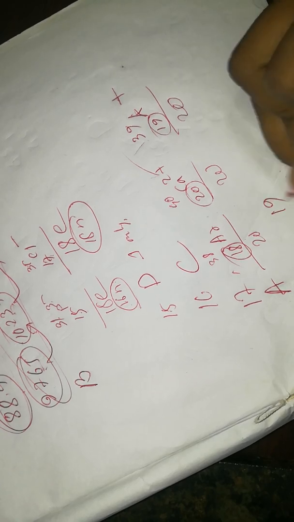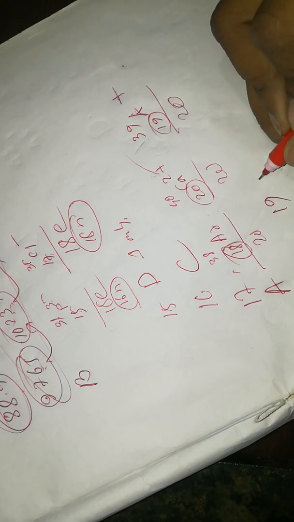Number 19. Which graph represents the number of unpaired electrons for an atom with proton number 13 to 18? Unpaired p orbital. So I would consider only the last subshell, the p orbitals.